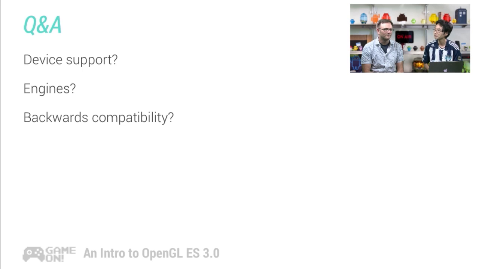Okay. Well, maybe that brings us to our third question. If I'm a developer and I want to add some of these OpenGL ES3 techniques to my game, but at the same time I obviously want to support a large range of devices, what do I do with my code so that I can have an engine that looks really nice on the machines that support it, but doesn't crash on the ones that don't?